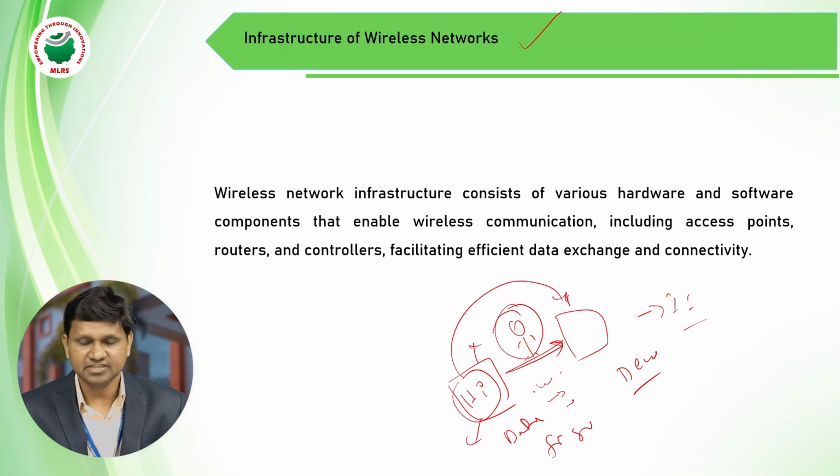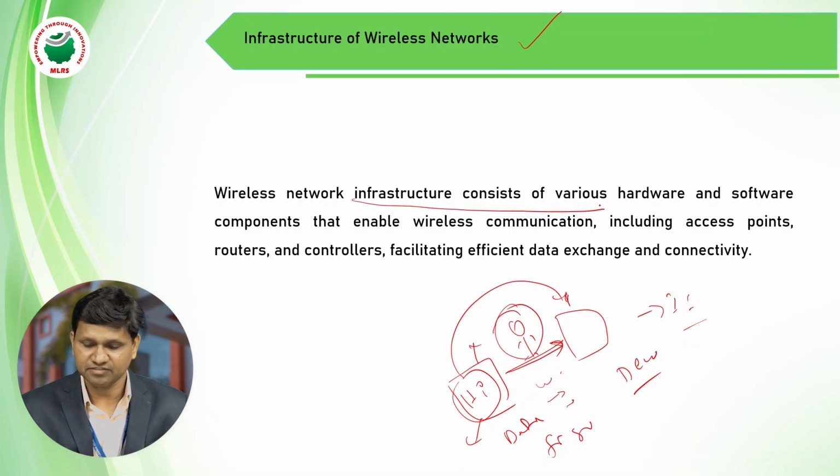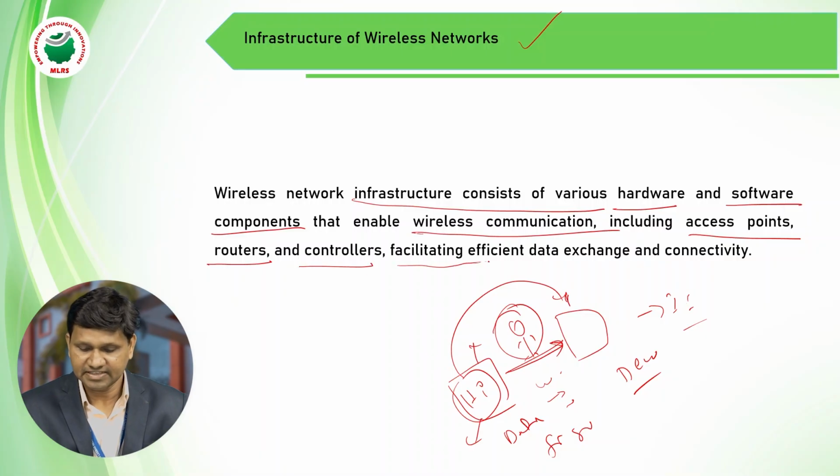Now see, infrastructure of wireless networks. Wireless network infrastructure consists of various hardware and software components that enable wireless communication, including access points, routers and controllers, facilitating efficient data exchange and connectivity.